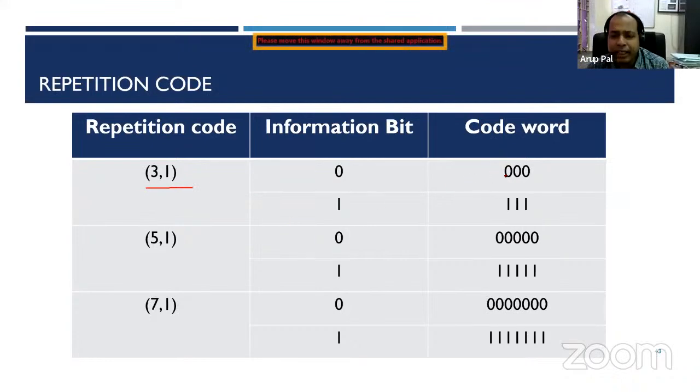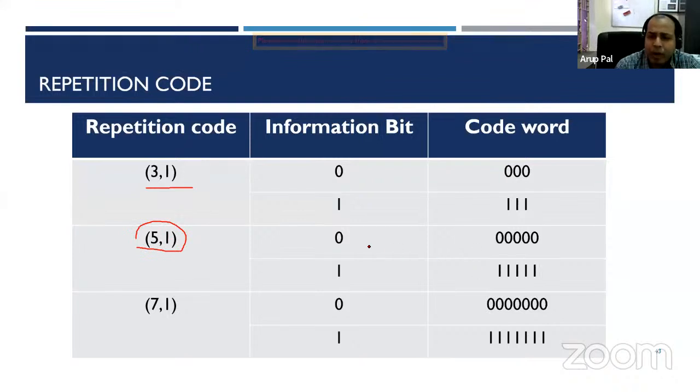The error correction capability is a single bit. So a single bit error can be corrected. But if you have more than a single bit error, suppose 2 bits, then it will not work.